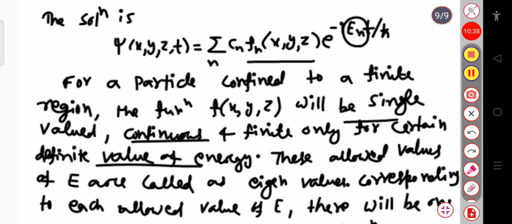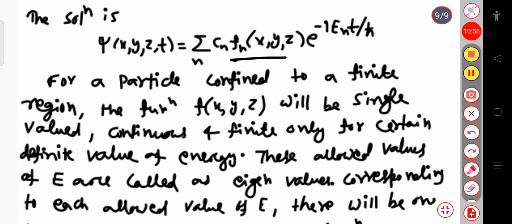Here E n represents the eigenvalue of the equation, and this function is the eigenfunction, which is single valued, continuous and finite.